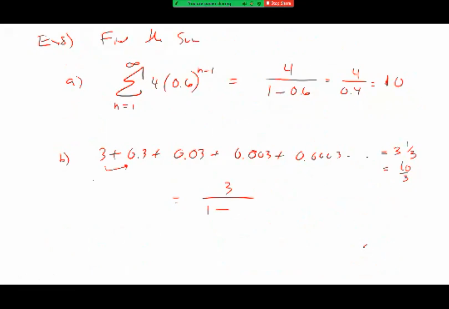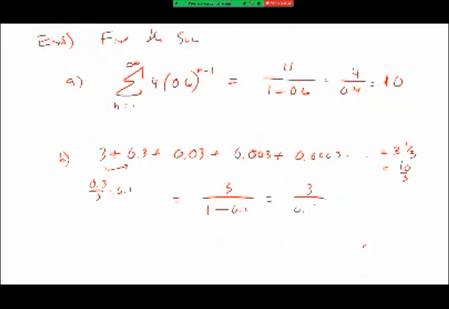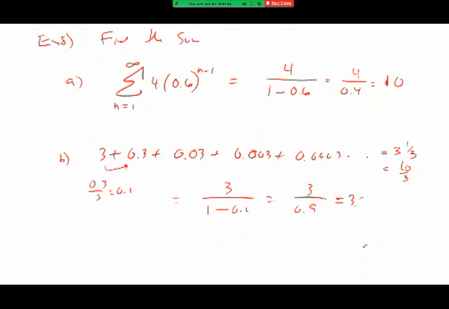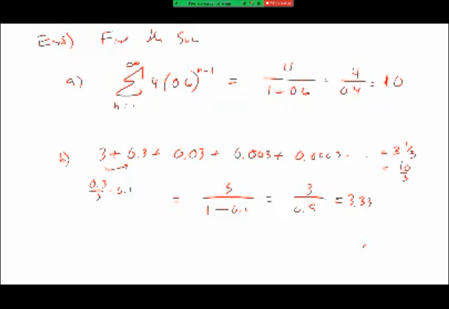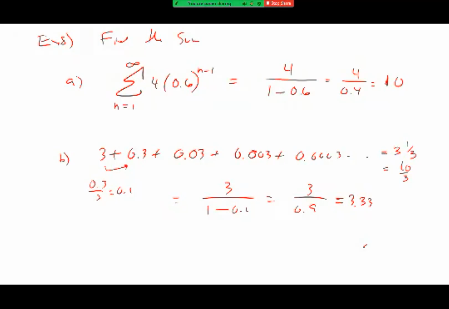If you want, you could just take this one divided by that one. So it's 3 over 1 minus 0.1. Punching this in the calculator, it gets you approximately 3.33333 repeating. It would be 3 1/3, right? 3 1/3. And done, right on the second.